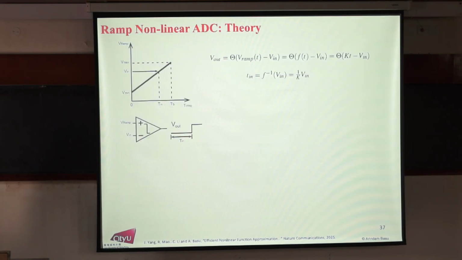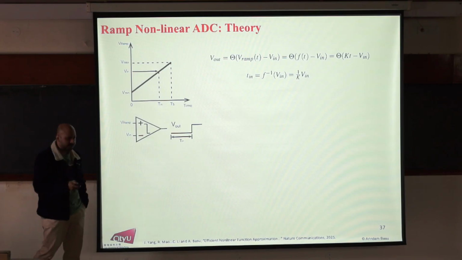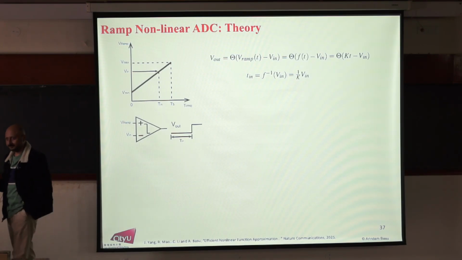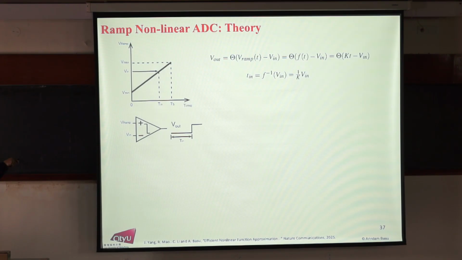The concept is like this. Those of you who have done analog circuits would know an ADC called the ramp ADC. The way it works is, you have an analog input that I want to convert to digital. So what I do is I have a comparator. One input is Vin. The other input is my V ramp. What is a ramp? You can see it's a voltage that is increasing proportional to time.